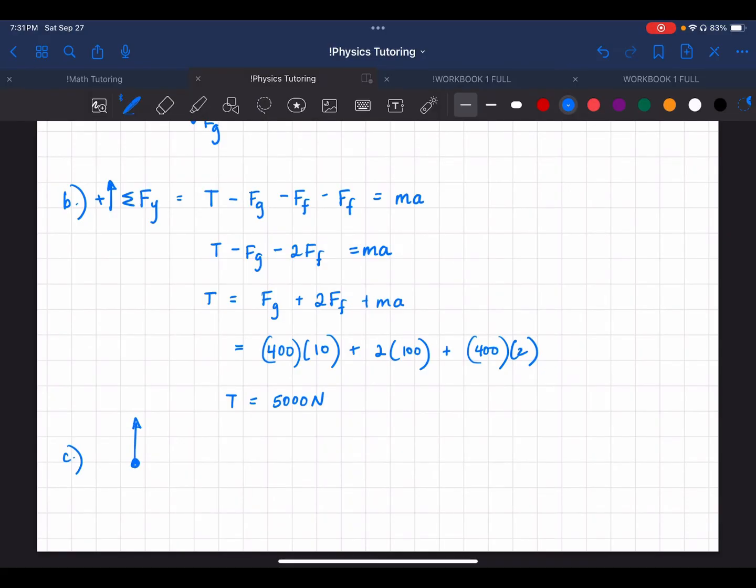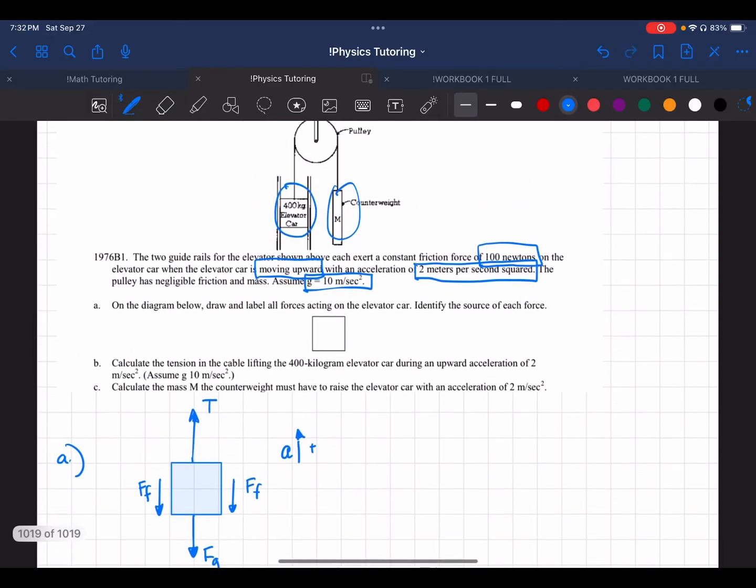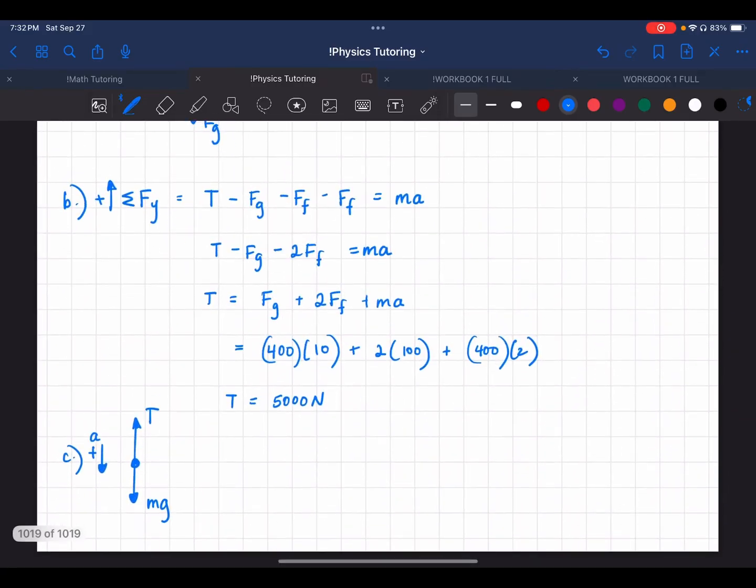Tension is this way, and I'm missing N and G. Acceleration is this way, right? Okay, the same thing. The sum of forces in the Y, and this time down is positive. Again, it doesn't matter. As long as you follow your own rules, you will get the right answer.